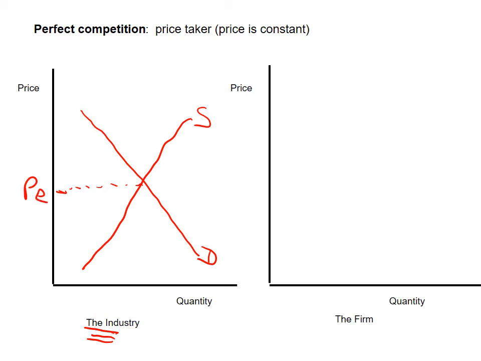We're going to take that price, this is supposed to be a horizontal line, bring it across, and for the firm, this becomes the price, which is also the demand curve for the firm. You'll see that it's perfectly horizontal, perfectly elastic, so no matter how much they sell, they're charging whatever that particular price is.